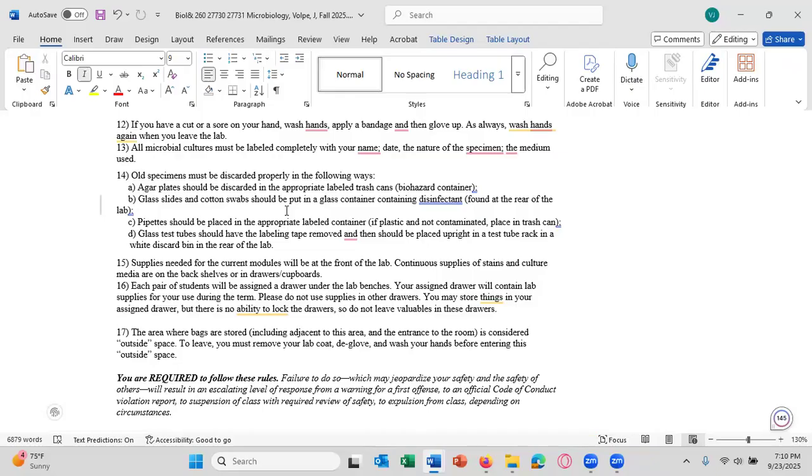We do not reuse the cover slips, so they will be put in the broken glass container and discarded eventually. And the cotton swabs are disinfected in the cotton swab container. I'm not sure what happens, but my guess is the lab person will take them away and then throw them in the regular trash once they're disinfected.